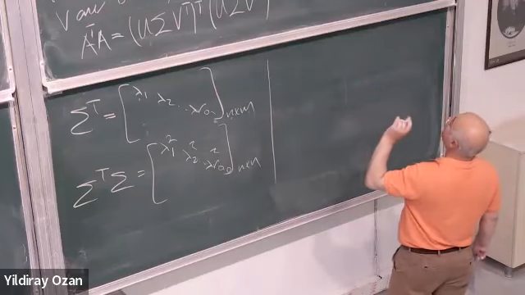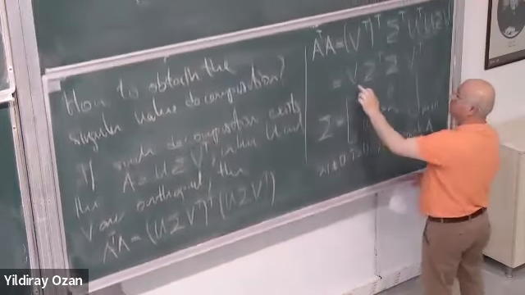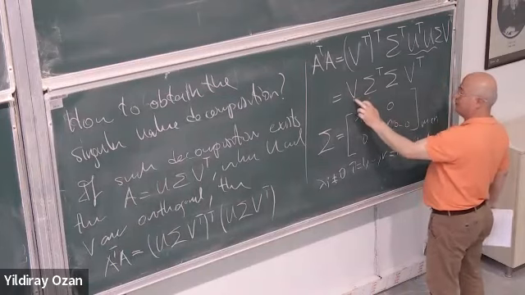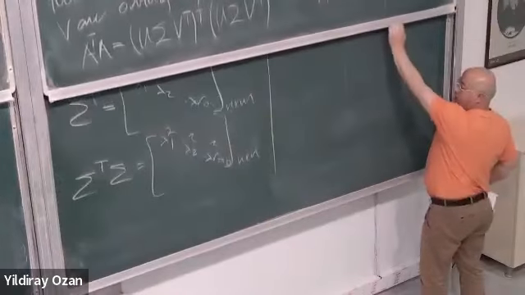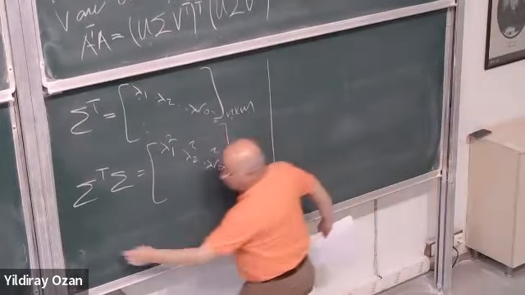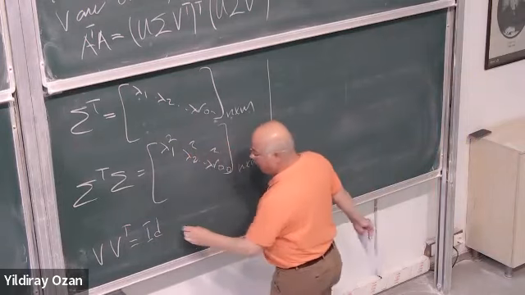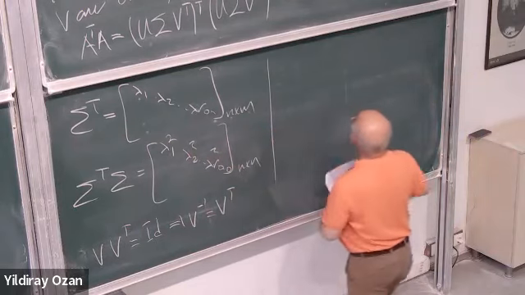I have an orthonormal matrix. D is also orthogonal, so D transpose times D is the identity. Therefore, D inverse is just D transpose.